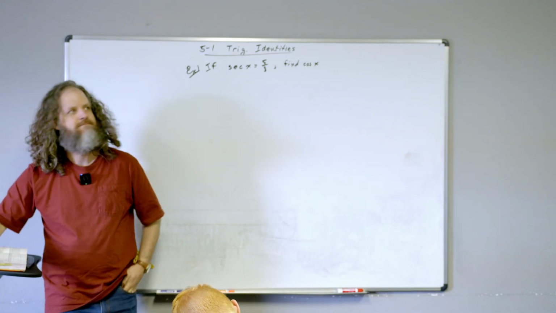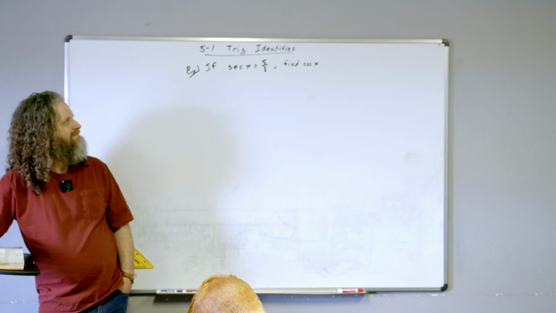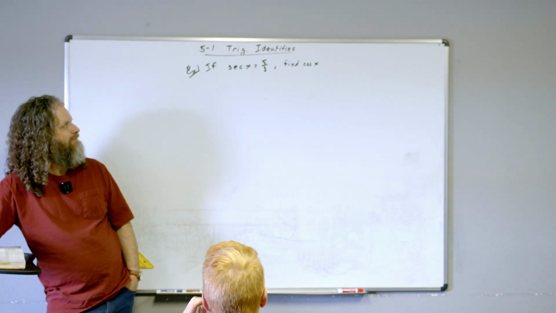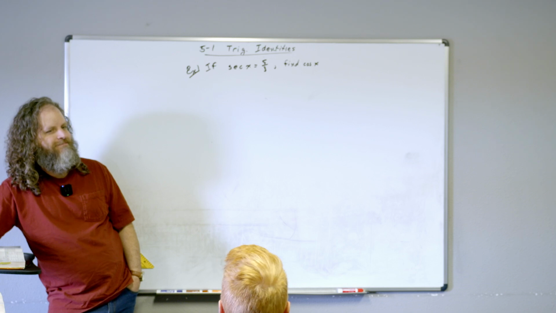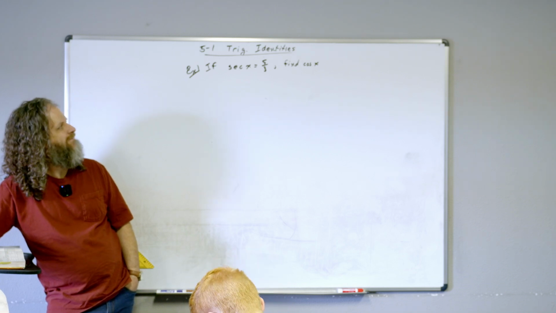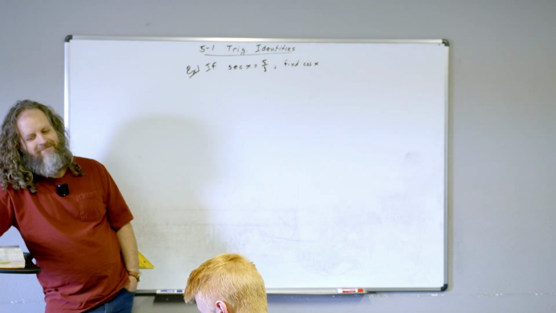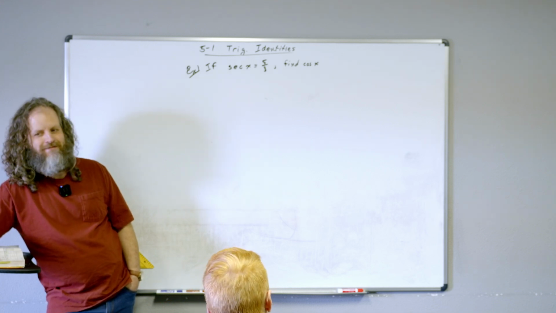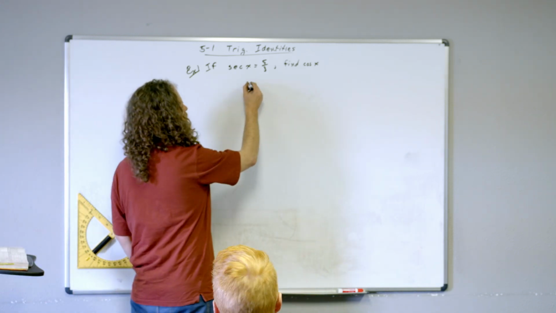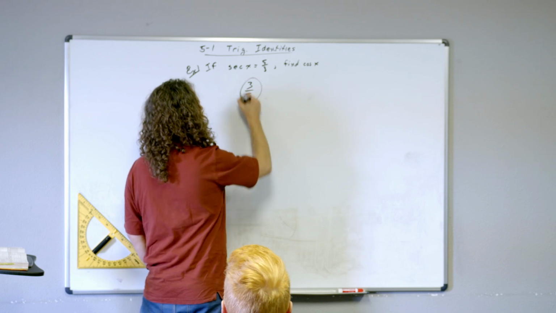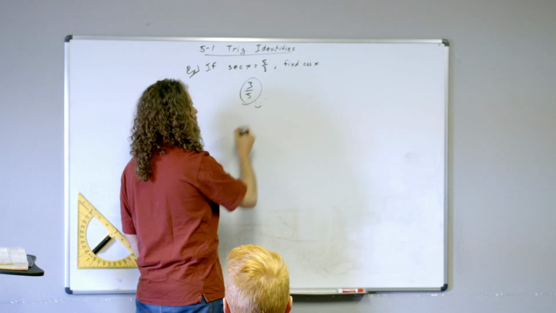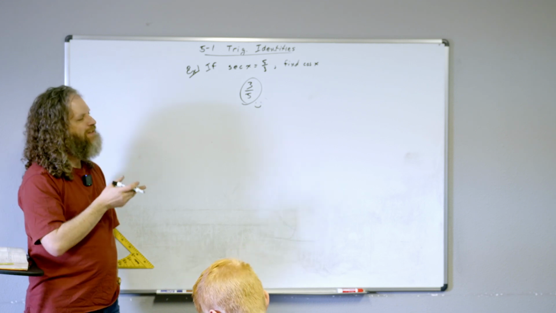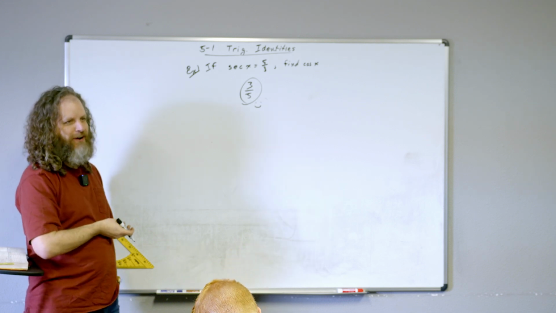So we need something that goes between secant and cosine. Would it be the reciprocal identity? Yeah, they're reciprocals of each other. Secant and cosine are reciprocals, right?